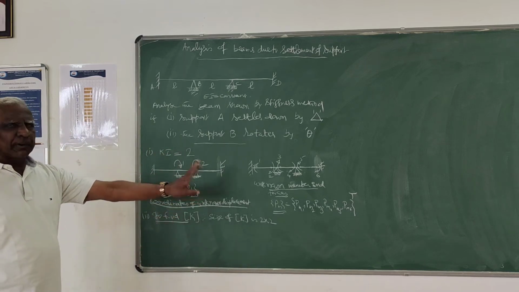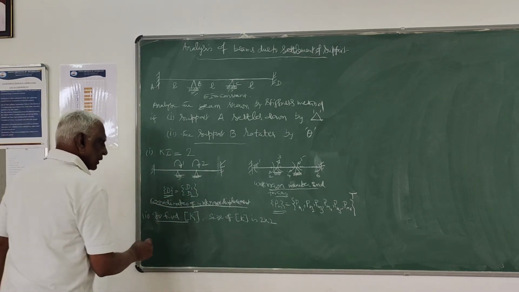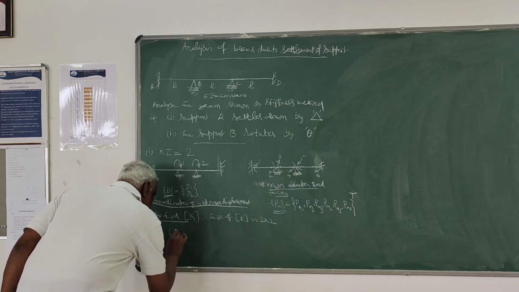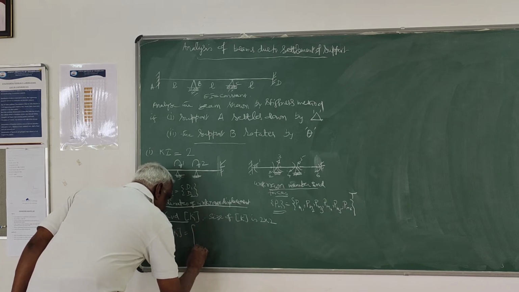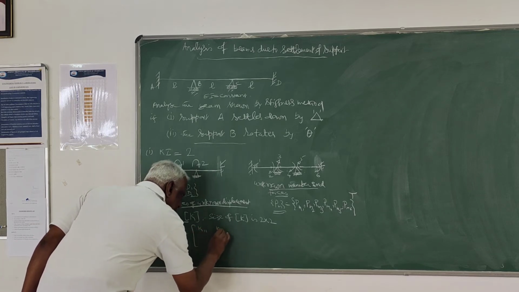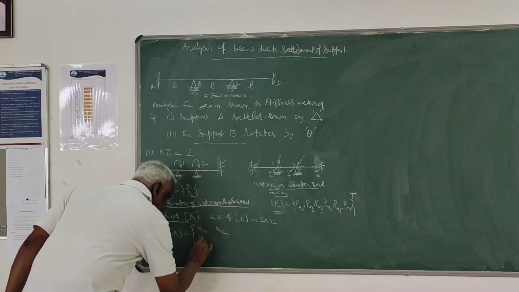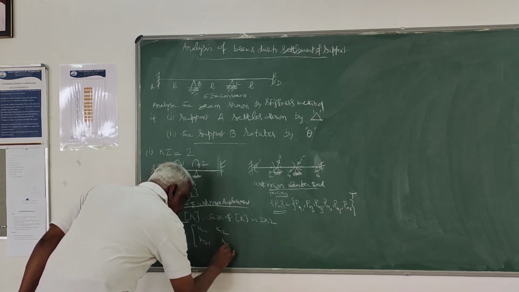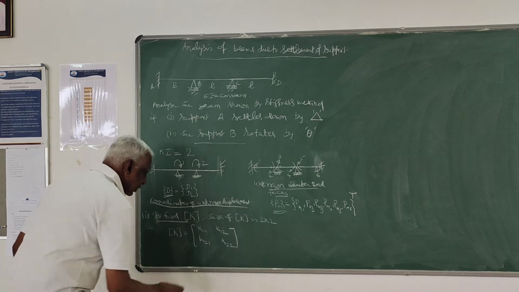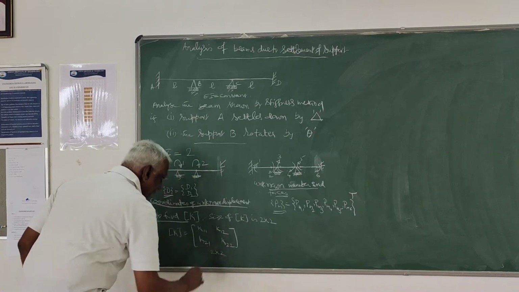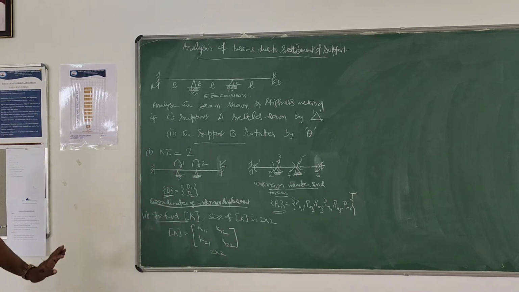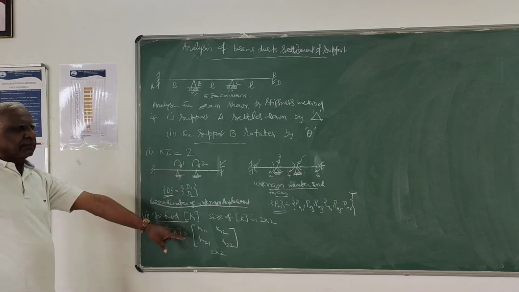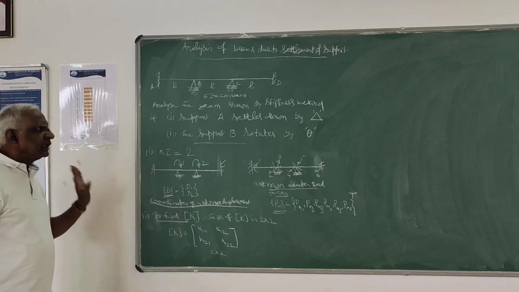That's 2 by 2. So therefore, the K matrix has K11, K12, that is first row, K21, K22, the elements of that. So this is the K matrix which we have to generate, equal to kinematic indeterminacy. That we have to decide in the second step.